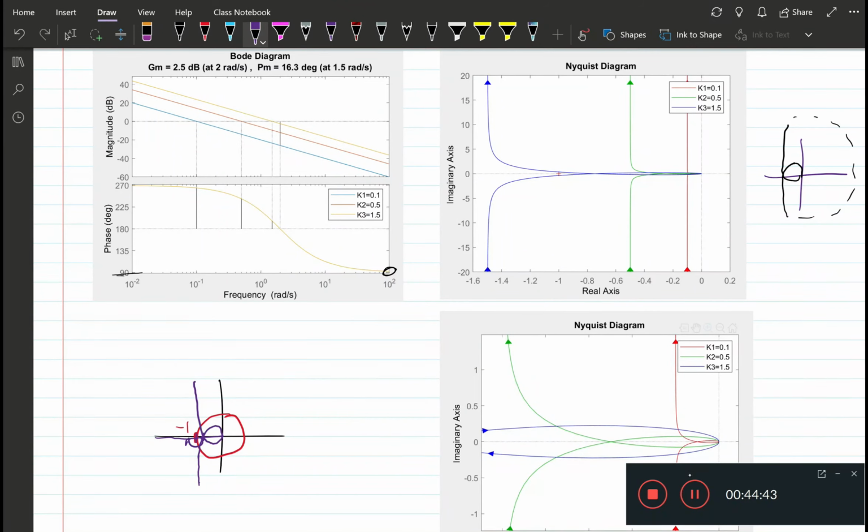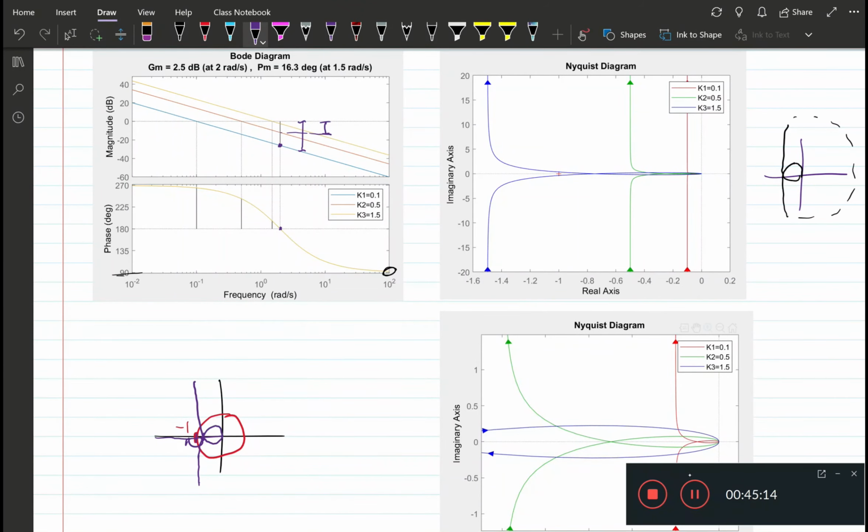So we look at where the phase intersects 180 degrees, so at this location, and at this point we see the gain margins for the three different values of k. For k equal to 0.1, this is the gain margin. For k equal to 0.5, we have a lower gain margin.